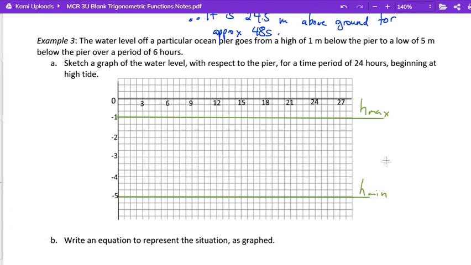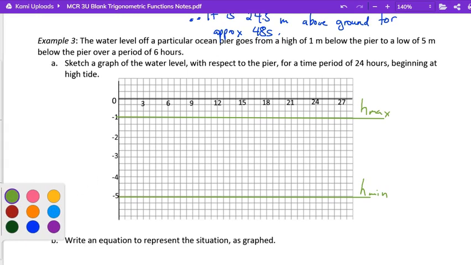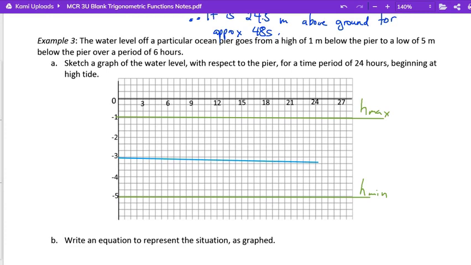Are we told that it's sinusoidal? No, we're not. But are we surprised that tides behave in a sinusoidal way? As such, we can model it using sine or cosine curves. So where is the central axis going to be? At -3, right in the middle.